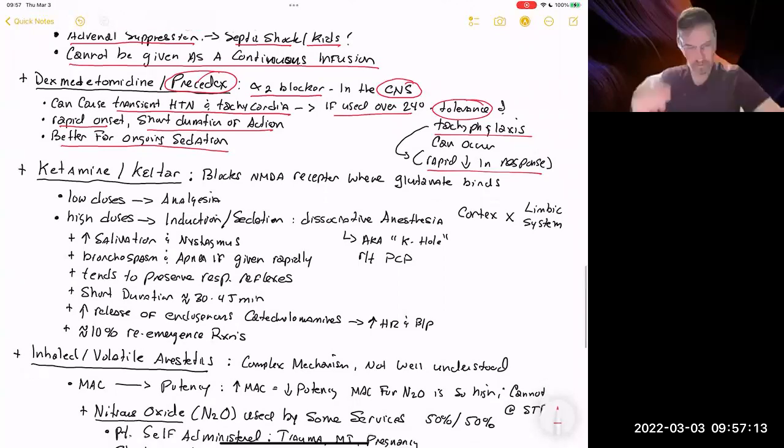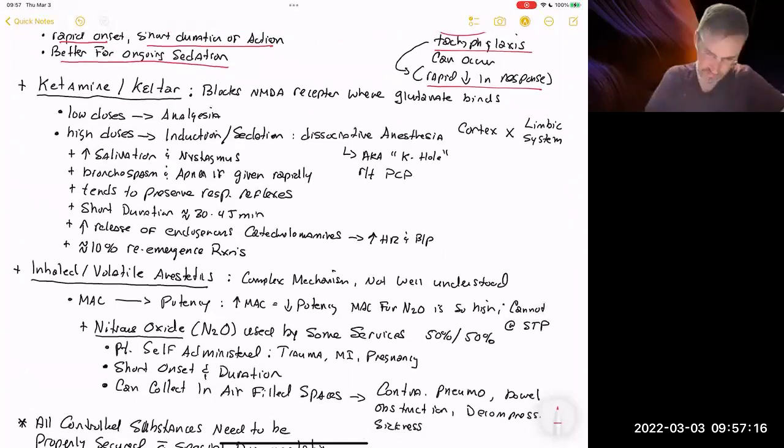The next agent I want to talk about, and this is becoming quite popular in the pre-hospital environment, is something called ketamine, also known as Special K, and its mechanism of action is very different from the other agents in that it revolves around NMDA receptors. So NMDA stands for N-methyl-D-aspartate.